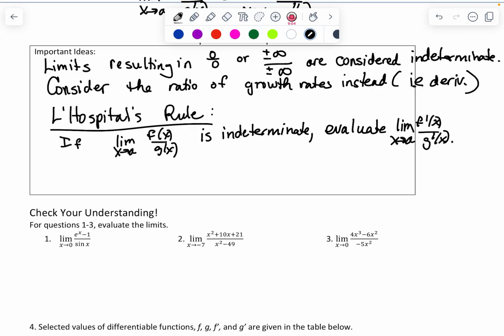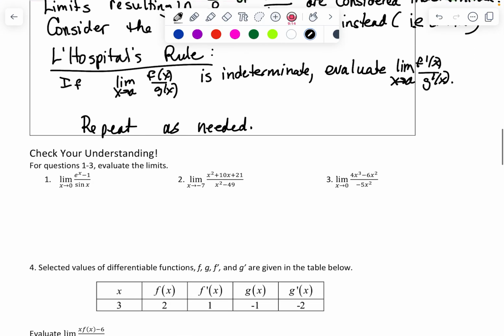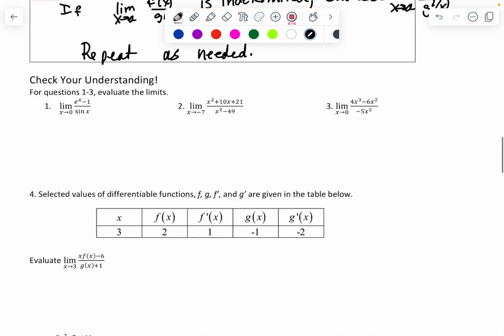If that result is still indeterminate, you keep repeating. But keep in mind, it has to be an indeterminate form.